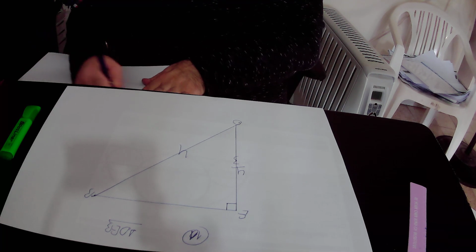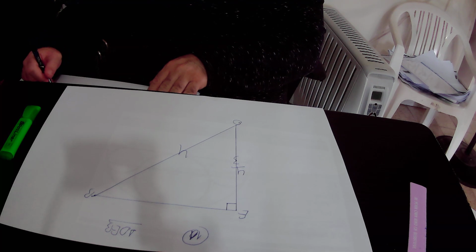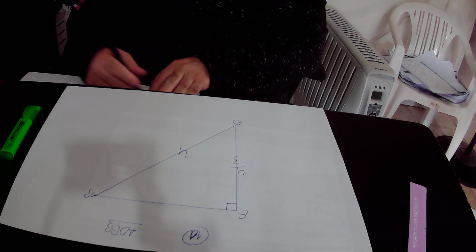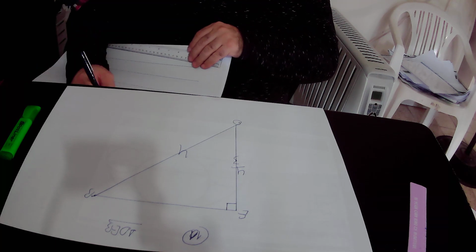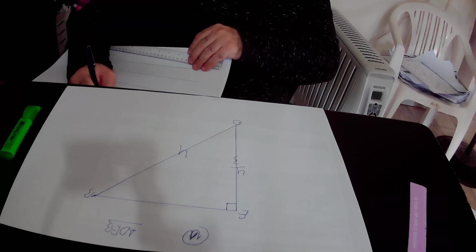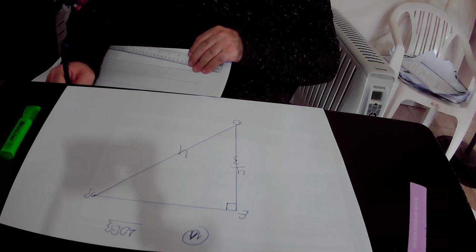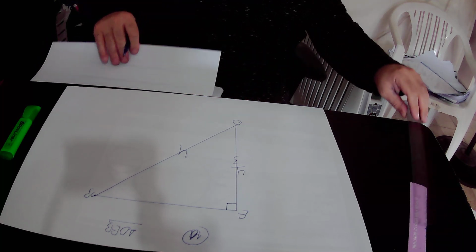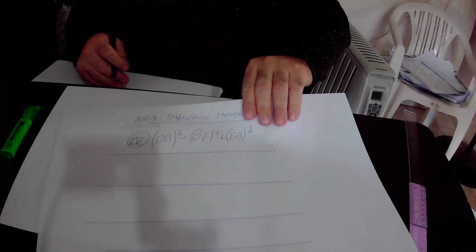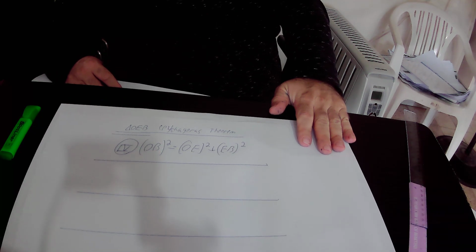So according to the Pythagoras theorem, in the right triangle OEB, the square of the hypotenuse equals the sum of the squares of the perpendiculars.